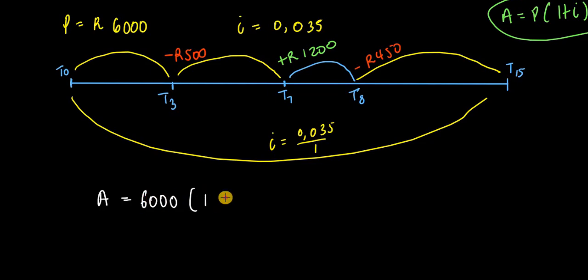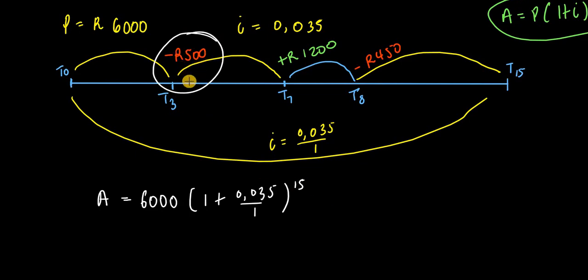So we're going to say 1 plus interest is 0.035 divided by 1. Now he left it for 15 years. That means n times m, remember you say n times m, right? So you're going to say 15 years multiplied by 1, which is simply 15, right?